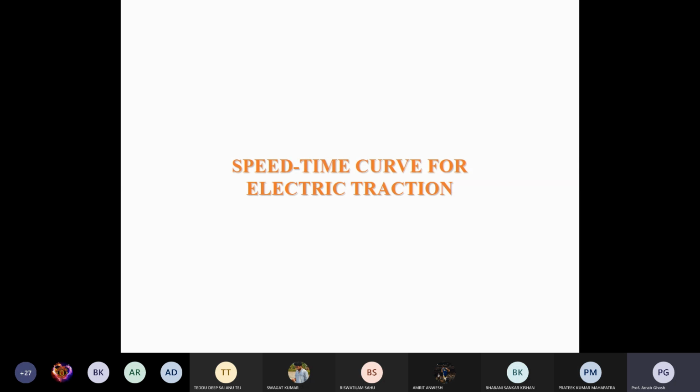In technical terminology you can say urban, suburban, or main line transportation. Those three categories are what we are normally concerned with for tractive motions.